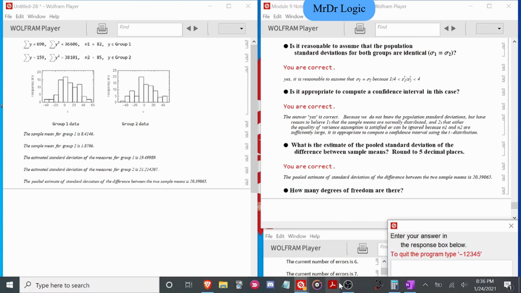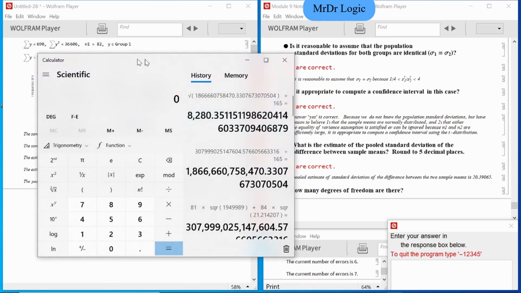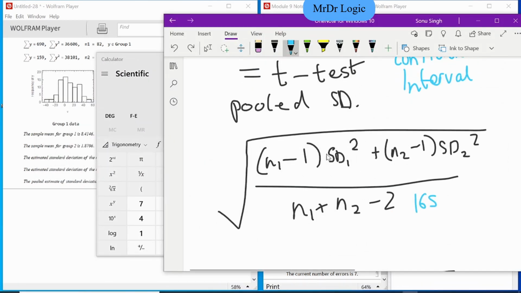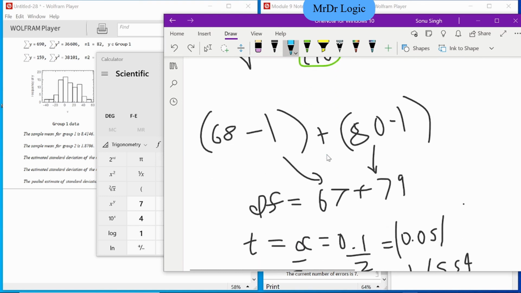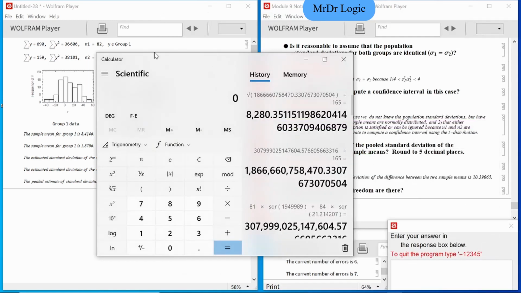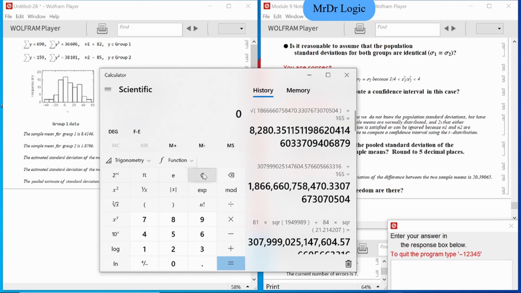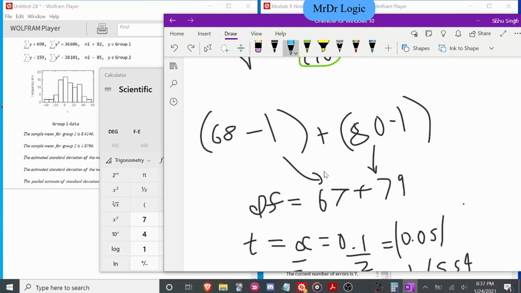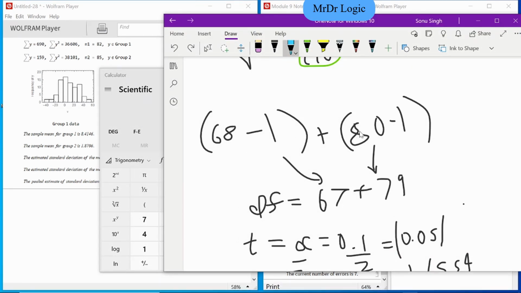How many degrees of freedom? Okay, so all you've got to do for degrees of freedom, that's all you need to do. Take that, subtract 1. Take that, subtract 1. This is a previous attempt, but basically n1 minus 1 plus n2 minus 1 gives you that.